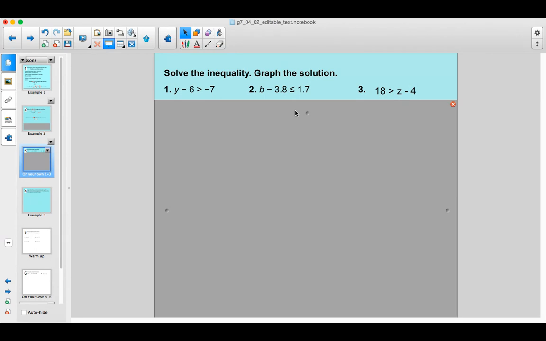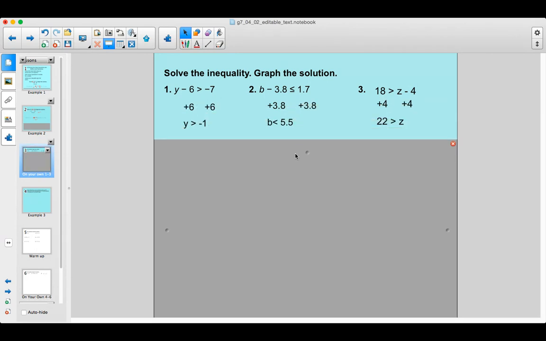Okay, so let's get started. I'm going to just kind of reveal the answers. So for number 1, I'm going to add 6 to both sides to get rid of that minus 6. That leaves me with y is greater than negative 1. For number 2, I have to get rid of a negative 3.8, so I'm adding 3.8 to both sides. B is less than, oh, I'm sorry, that's actually a little error.